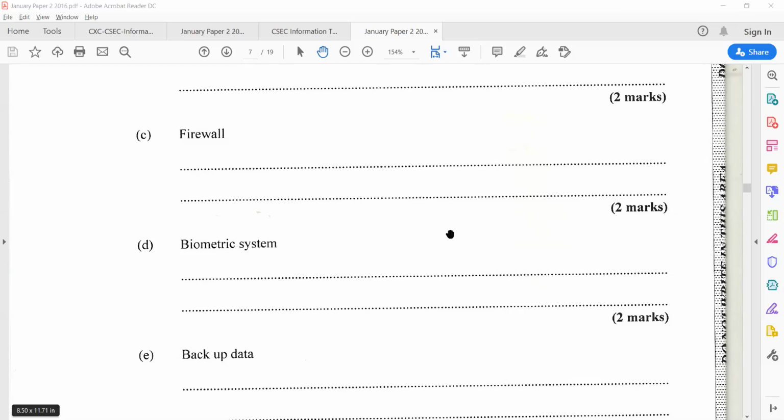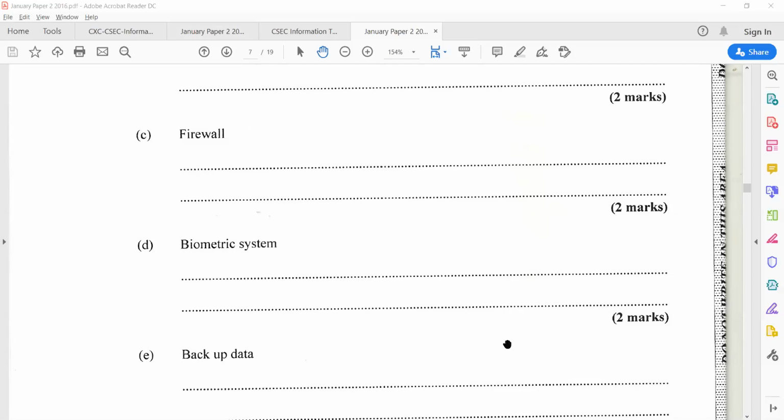What about the biometric system? What does that protect against? Right, so a biometric system is a physical form of protection in the sense that it will protect facilities and equipment.